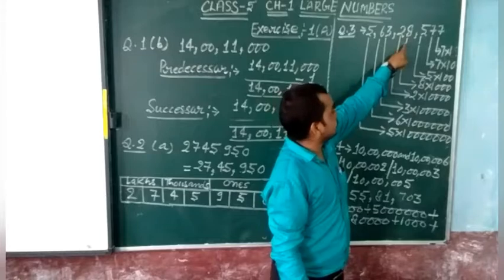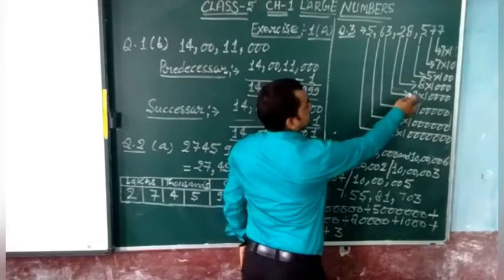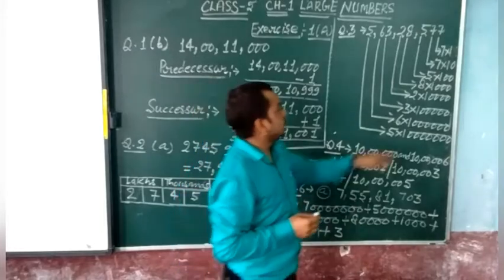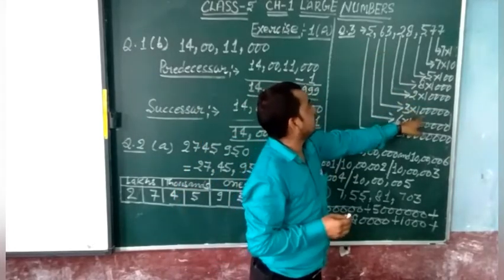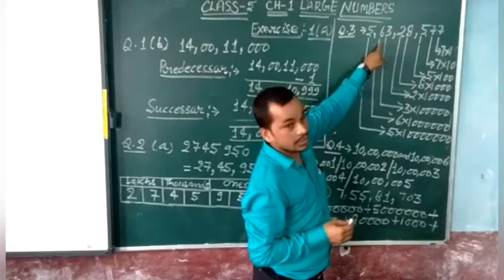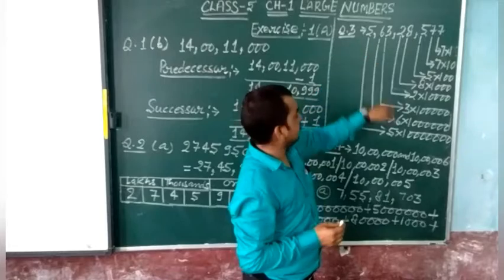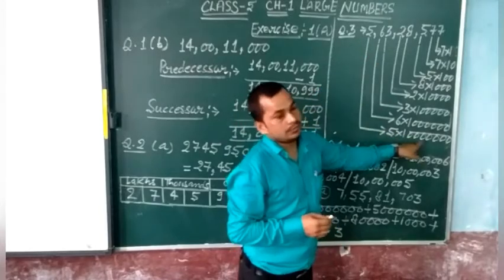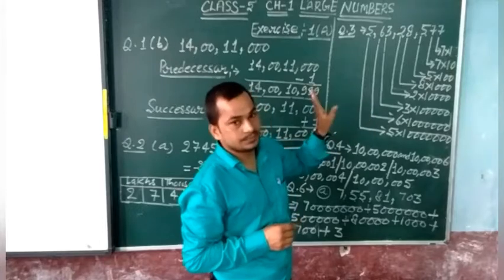At the thousands place multiply by 1000. At the ten thousands place multiply by 10,000. At the lakh place multiply by lakh. At the ten lakh place multiply by 10 lakh. At the crore place multiply by crore. So we get the place value of each digit.